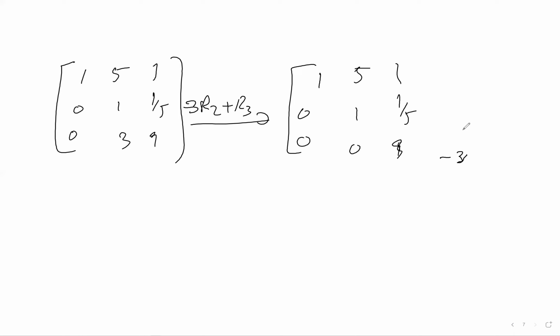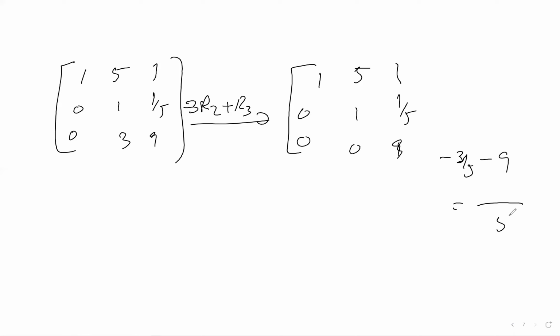So if we add minus 3, this becomes 0, and this becomes 3 over 5 plus 9.